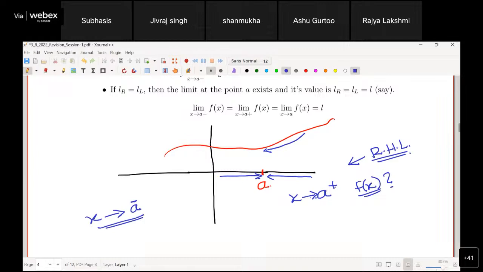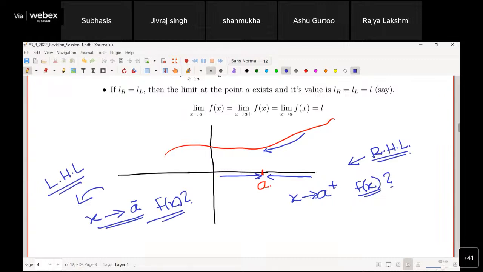This means we are coming to A from the left hand side of A, using the values that are less than A. On the left hand side you have numbers which are less than or equal to A. We see where this f of x is going, and this will give me the left hand limit.